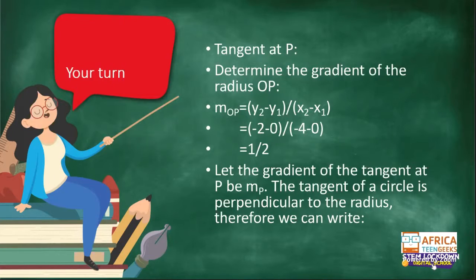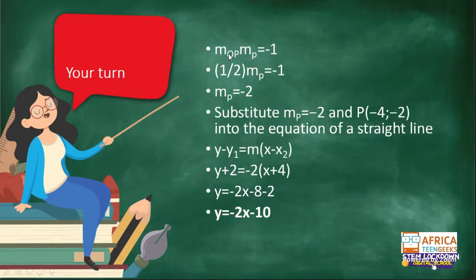Therefore, you write MOP times MP must be equal to -1. Therefore, you'll have half times MP is equal to -1, and therefore your MP here is equal to -2.